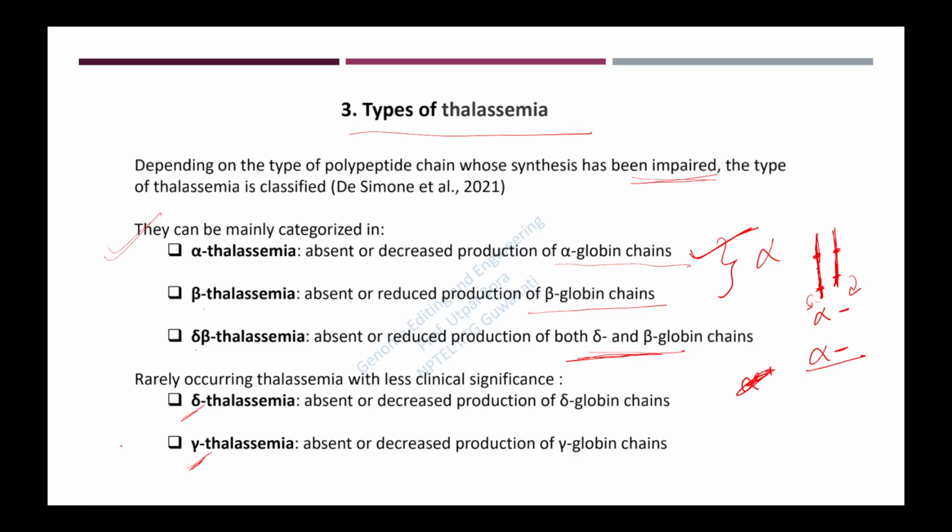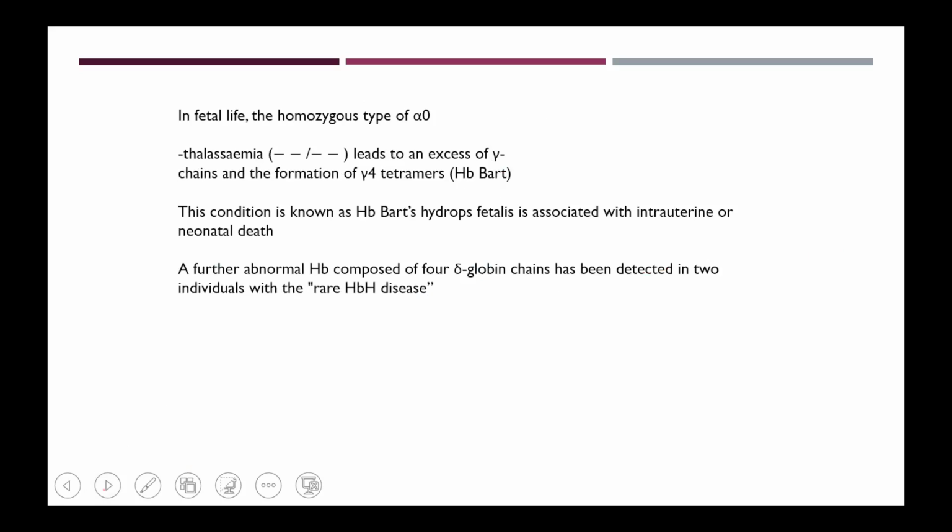And then we have another thalassemia which is alpha 0. That means deletion of the alpha gene from both of the alleles of the chromosomes.